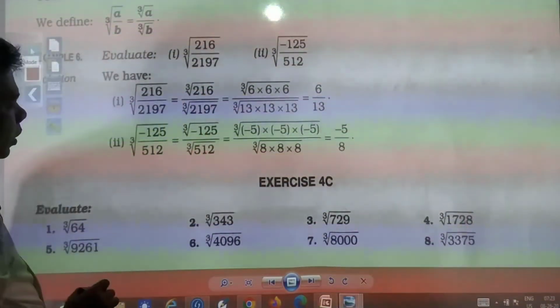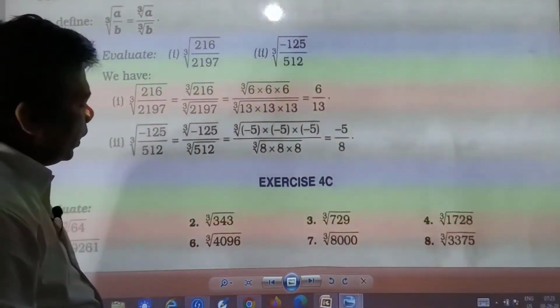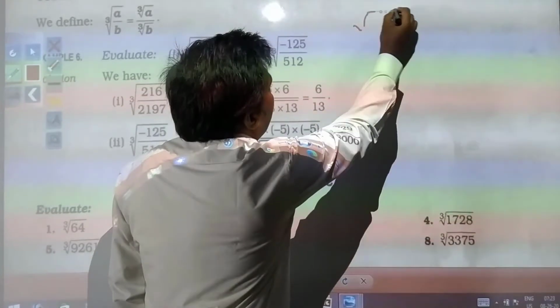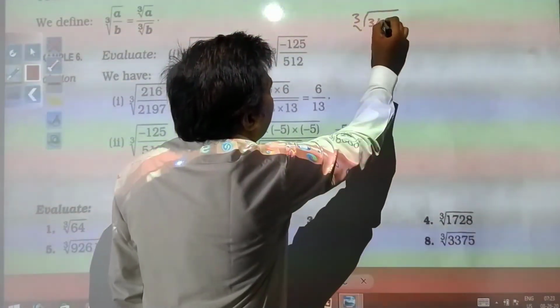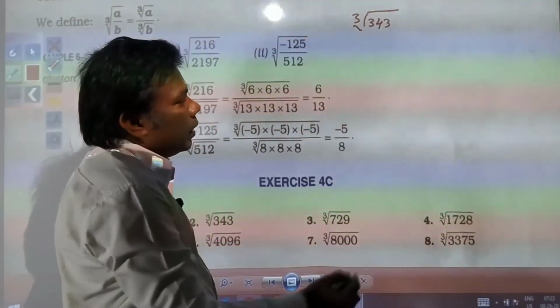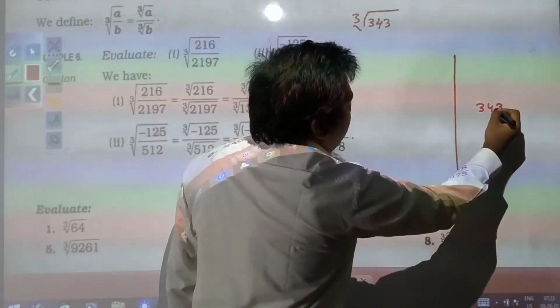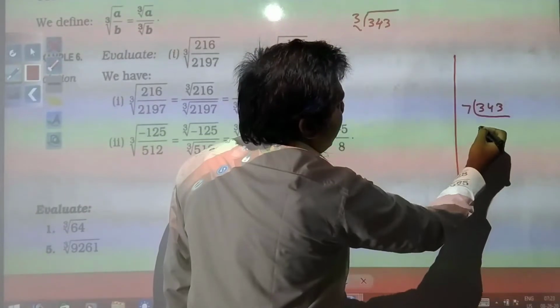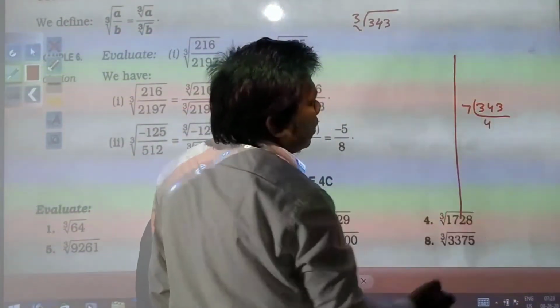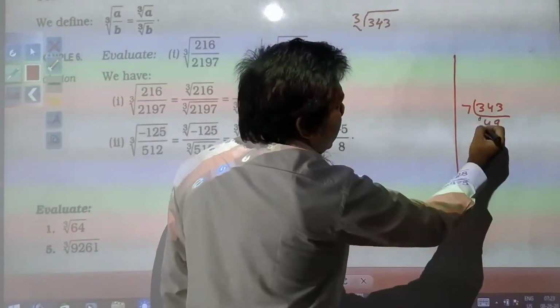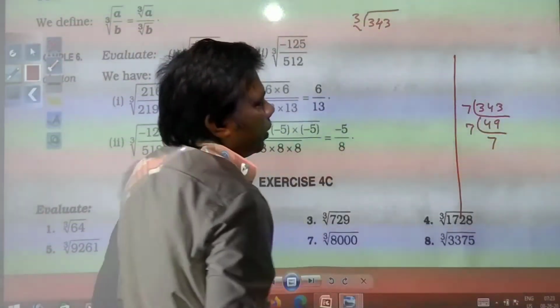Next you have 343, the cube root of that. The same thing is required to be done. Cube root of 343. If you are factorizing 343, what will you get? 7 4s are 28, 7 9s are 63 and 7 7s are 49.